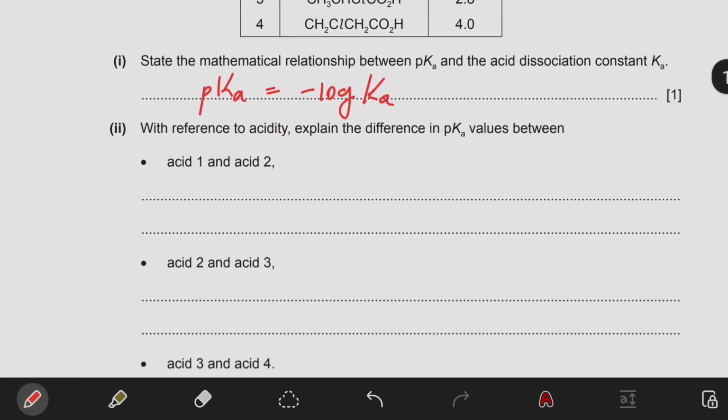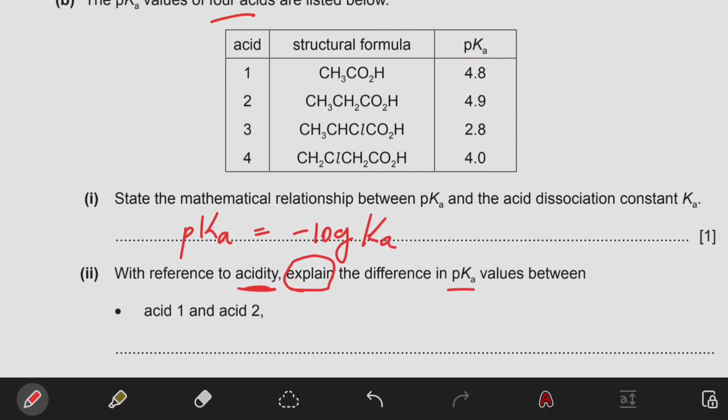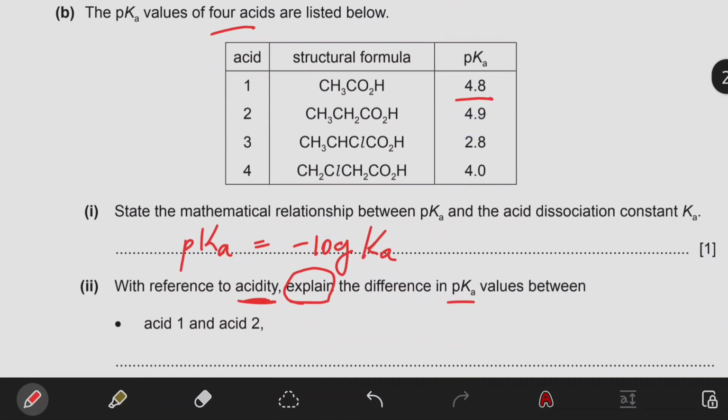Okay. With reference to acidity, explain the difference in pKa values between acid 1 and acid 2. Okay, so acid 1 and acid 2. For acid 1, the pKa value is smaller, which means that Ka value for acid 1 would be higher. If you do not know this, just write down random values in your calculator and check that if you put a small value for Ka in this mathematical formula, the value for pKa would be greater.